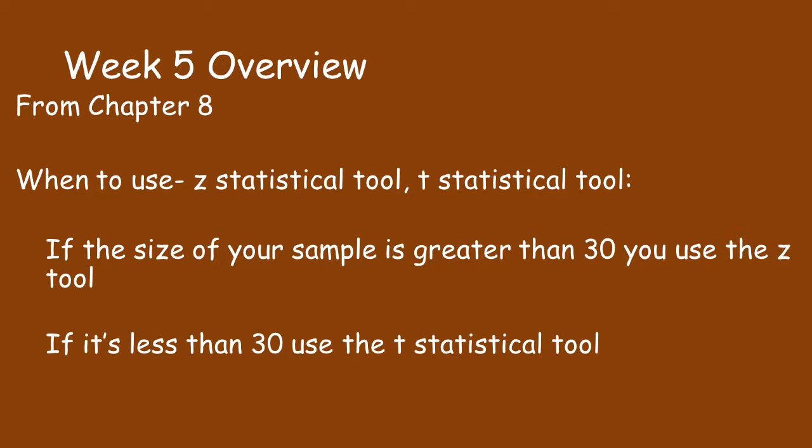So the z statistic tool needs a sample larger than 30. In fact, the more the better. If your samples are less than 30, use the t statistical tool. And just remember though, if you don't have a population standard deviation to go from, you're going to need to use the t-distribution, the t statistical tool, anyways.